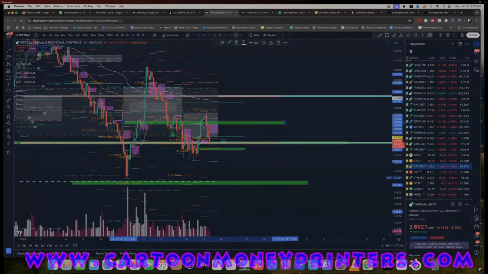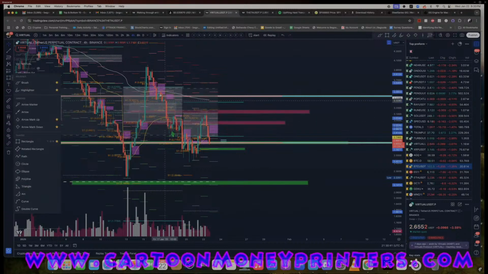I'm going to change this to red because that's going to be resistance. And then here you have the center of the monthly CPR and the top of the weekly CPR. So I'm going to put another resistance there.